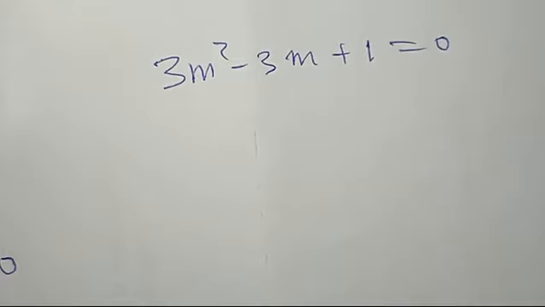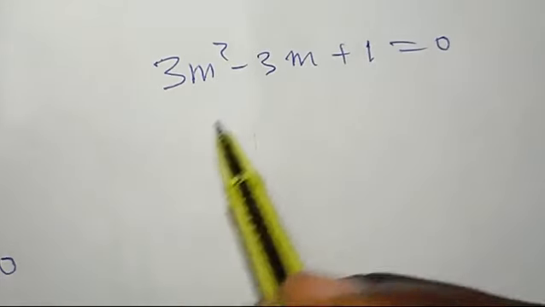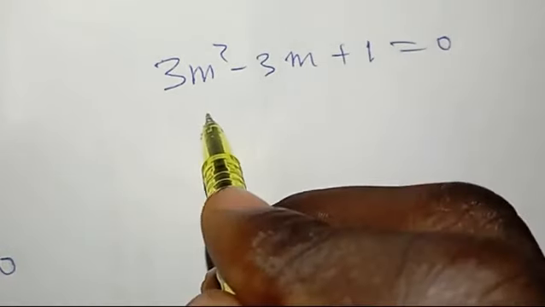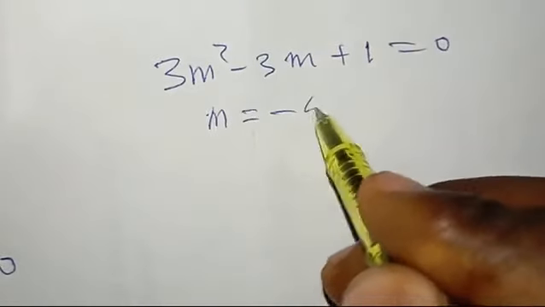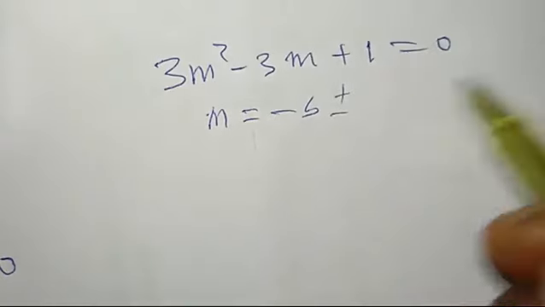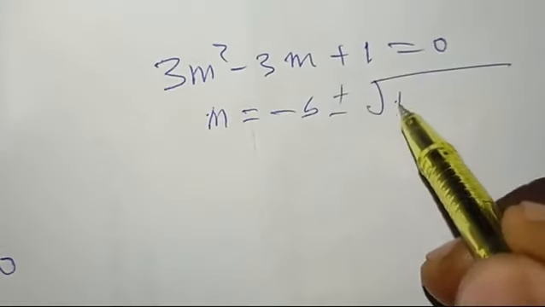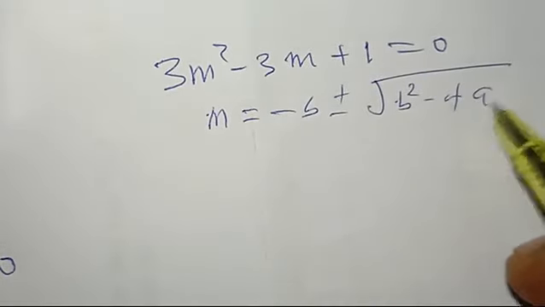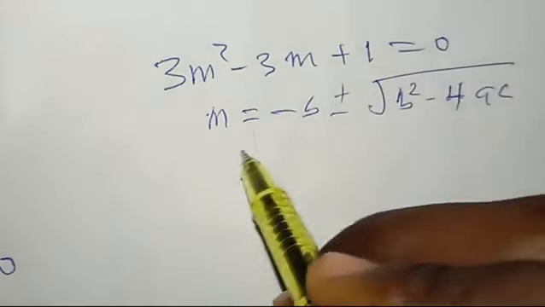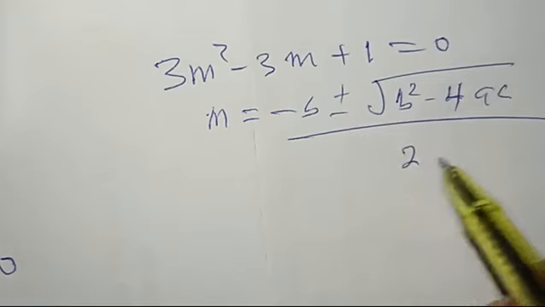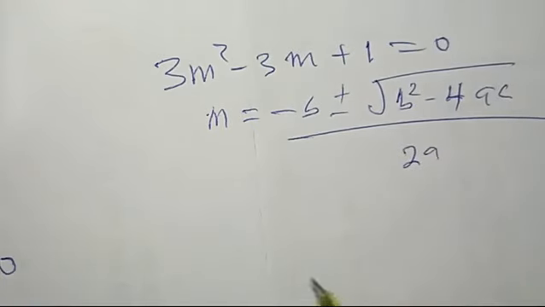So we're going to be using the general method, which of course says that in this case our m is going to be equal to minus b, plus or minus the square root of b squared minus 4ac, 4 times a times c, all divided by 2 times a.